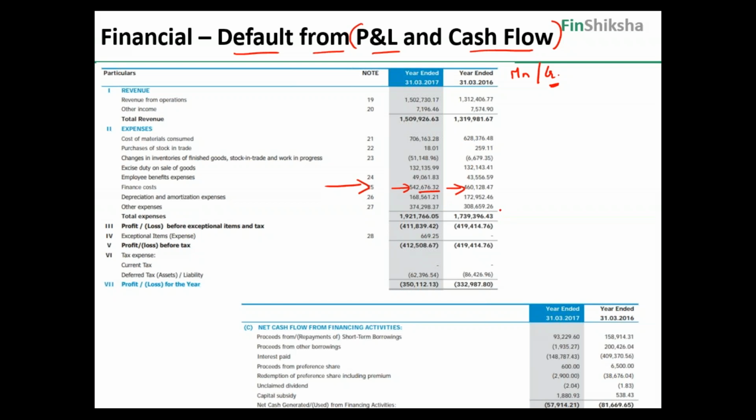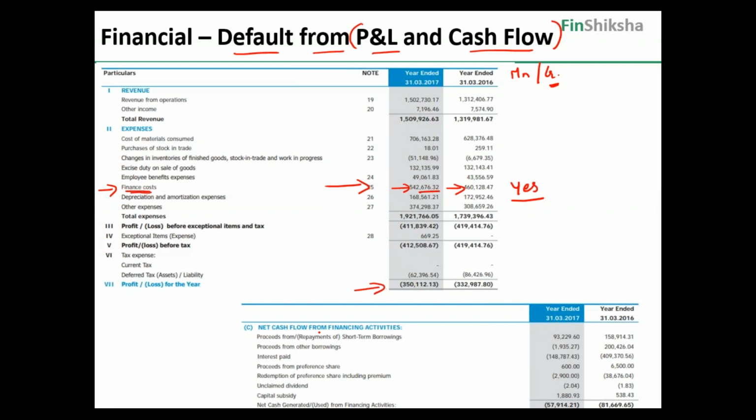Now, is the company supposed to pay this? The answer is yes, because they have accounted for it in the profit and loss statement, and that's how they have got a loss. The profit and loss statement is not the ideal way to look at the finance cost. You have to confirm whether they have paid this much amount or not.